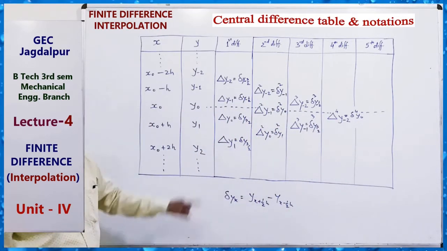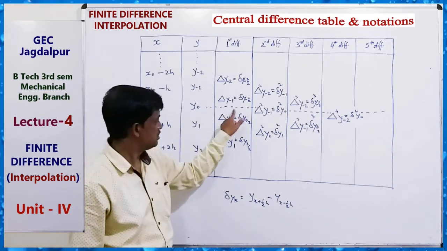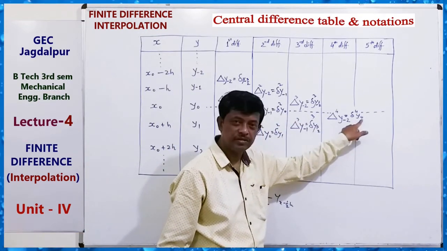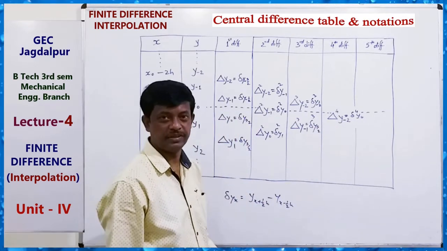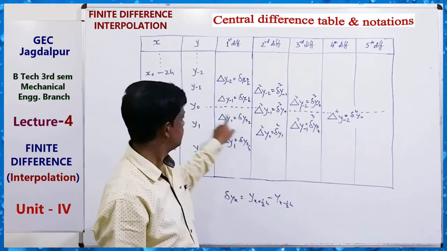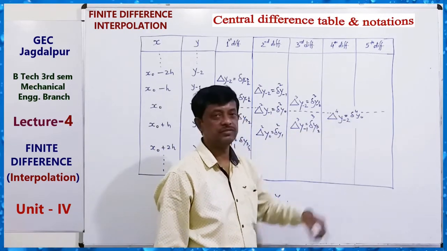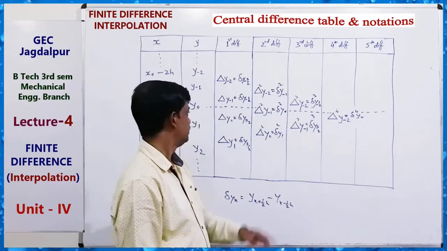You can see y0, nothing is here, y0, nothing is here, y0. Central difference suffixes, y0, delta square y0, delta 4 y0. Here is nothing.